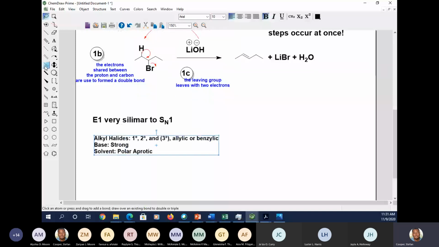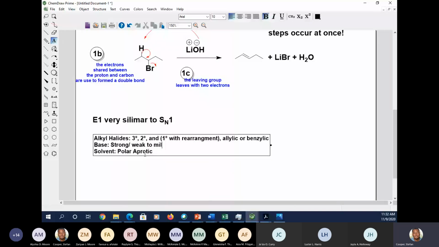All right, so the alkyl halides here are preferably tertiary. Secondary, primaries could work with a rearrangement. And it doesn't matter if it's benzylic or allylic, those systems are fine here. Strong bases are cool, but they can also work with weak to mild bases.